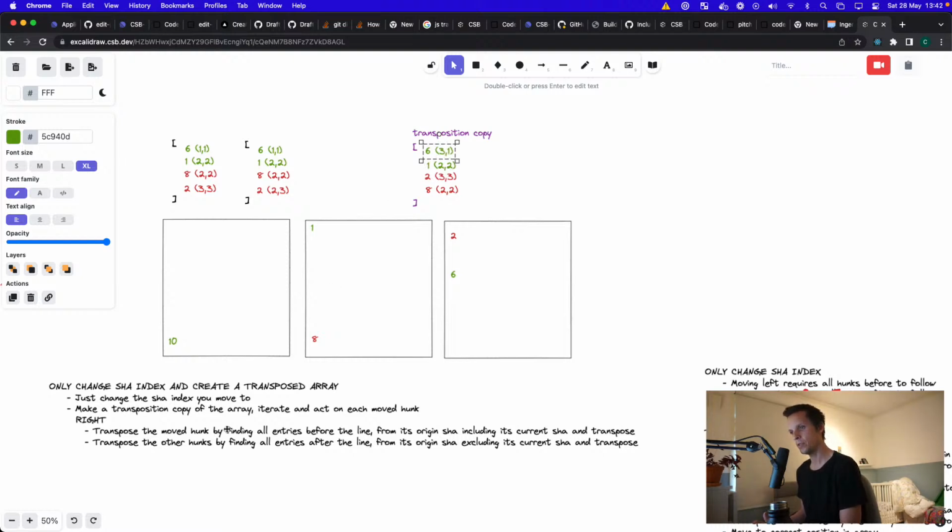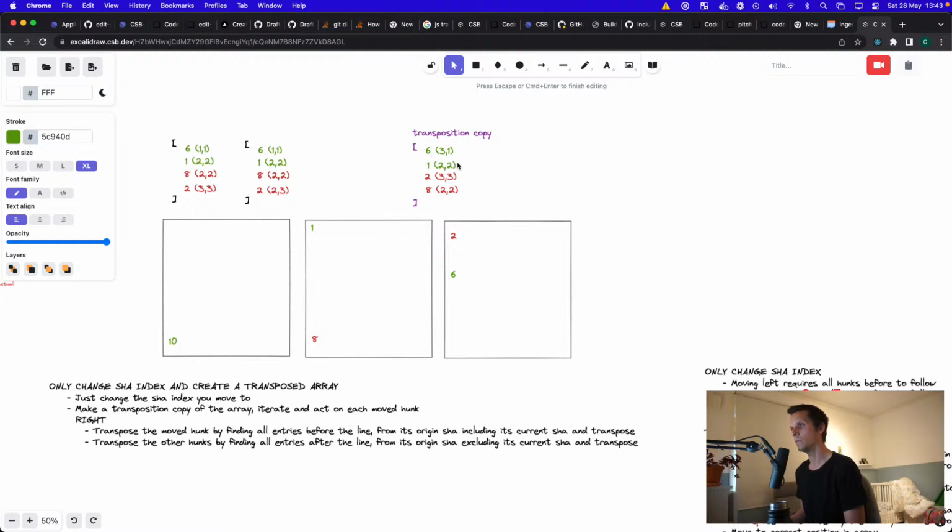So we have to find all entries before the line from its origin SHA, including its current SHA, and transpose. So that means, okay, we hit this one, it should be on line 7, and we now hit 2 as well, which means it should go back to 6 because this was a removal, and that is actually correct.